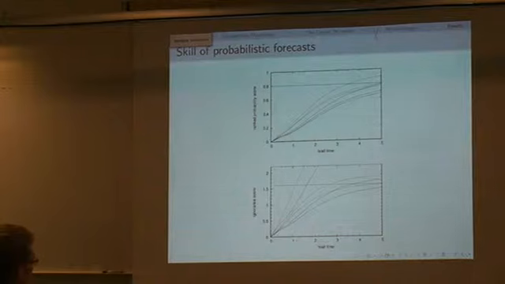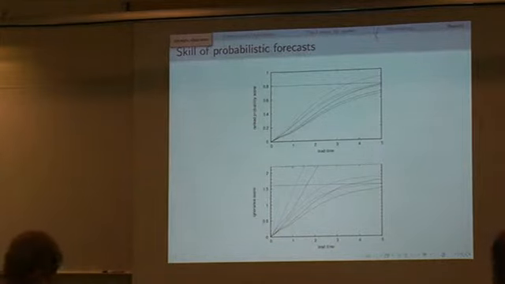Yeah, same picture in the ignorance score. It's a bit different because the ignorance score strongly penalizes overconfident forecasts. So the deterministic model looks very, very bad in the ignorance score because it's consistently overconfident, much too sharp forecasts. And also the AR1 closure at small ensemble size.